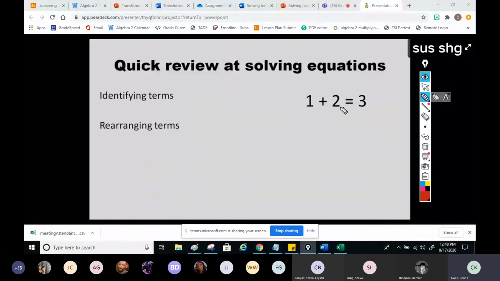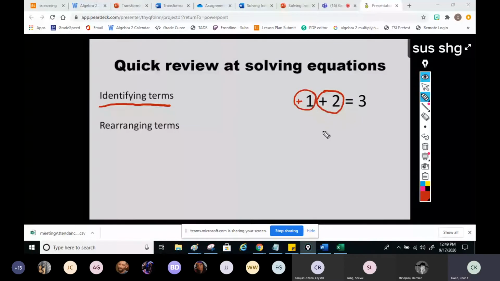The first thing I want you to learn today is to identify the terms. Terms are the number with whatever symbol or sign in front of it. This is one term. If you don't have anything in front, we'll assume that to be positive.